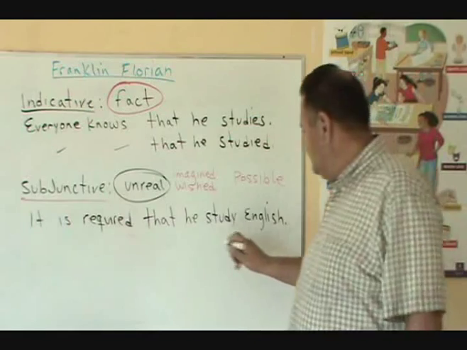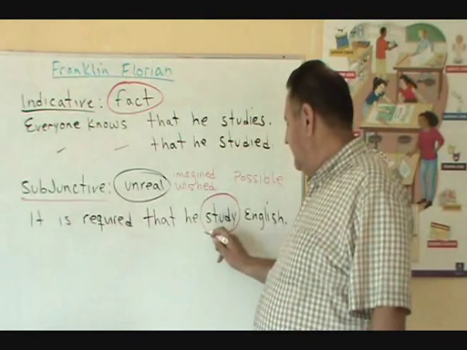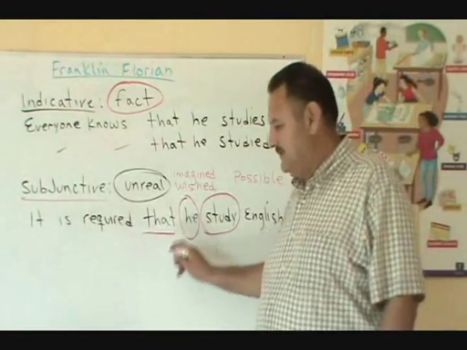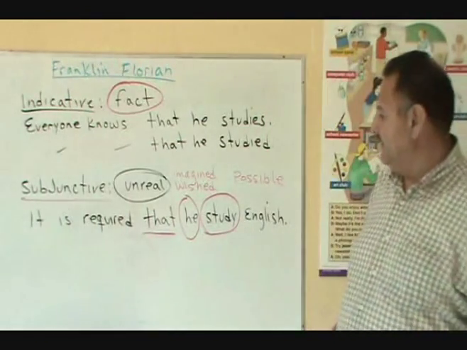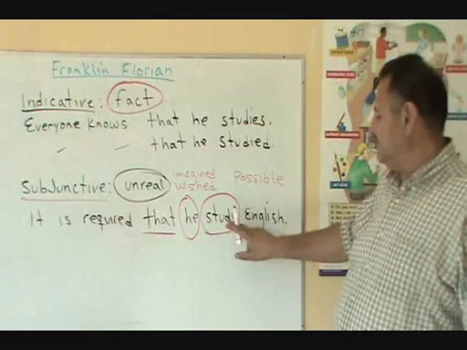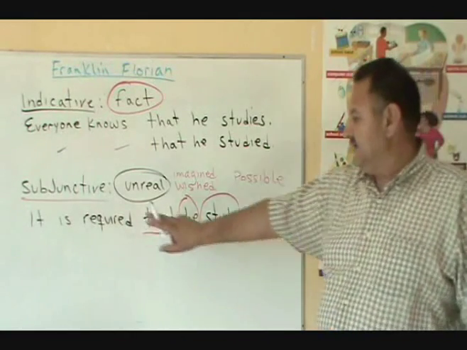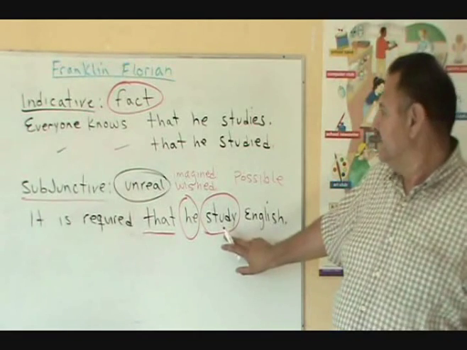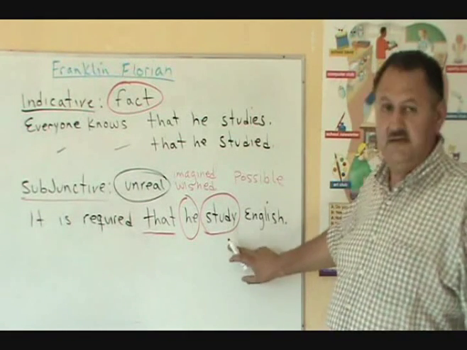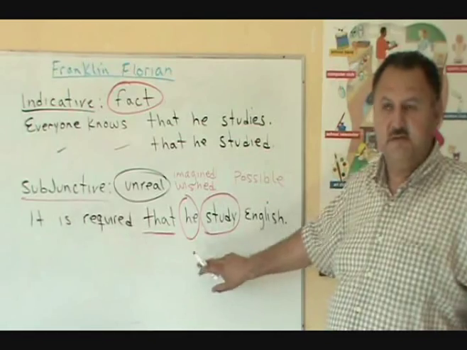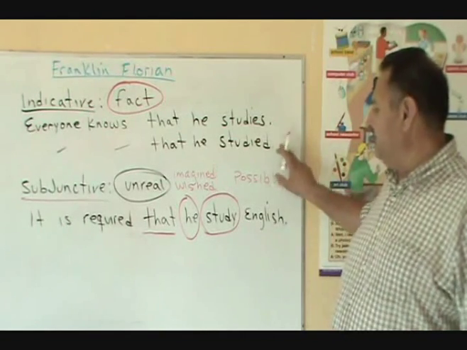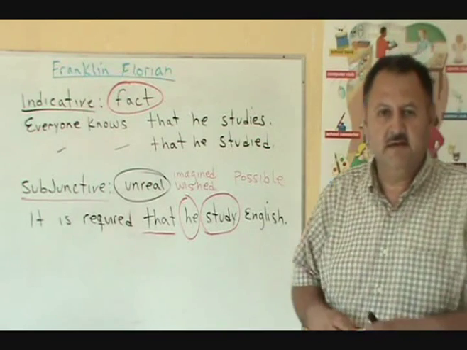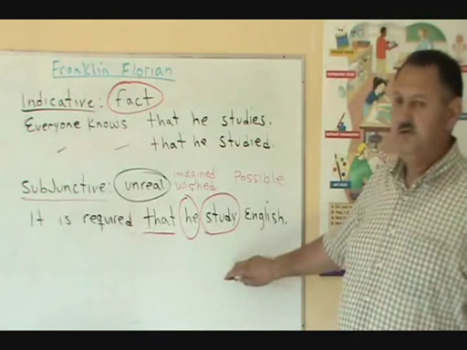Look, he studied with he. And with that, it is required that he study. In the subjunctive, notice that the verb didn't change, even though this is a third person. Study, study, but in the subjunctive, the verb stays as study.